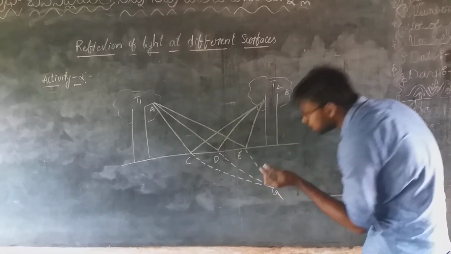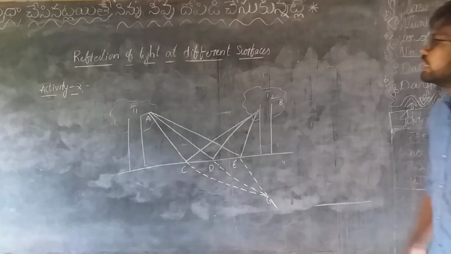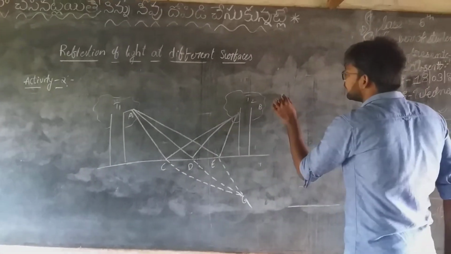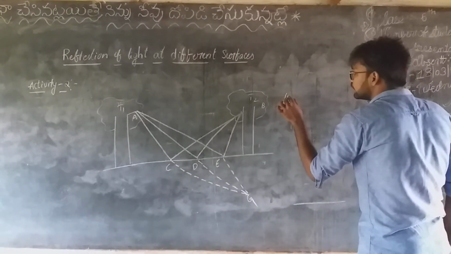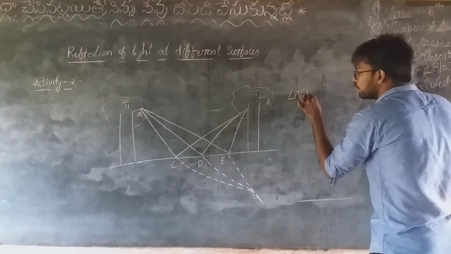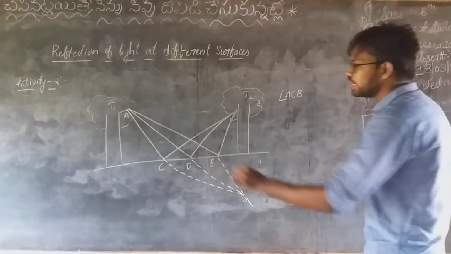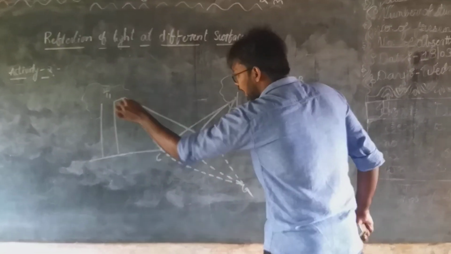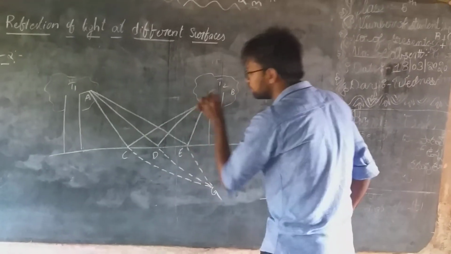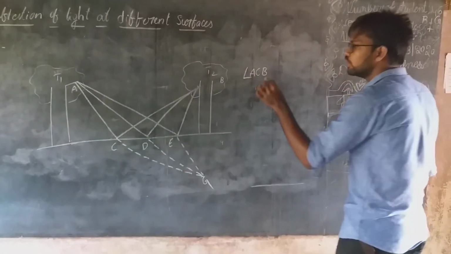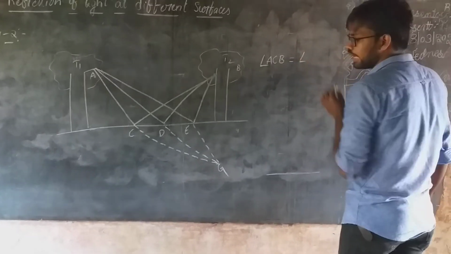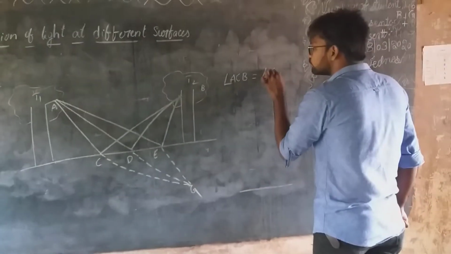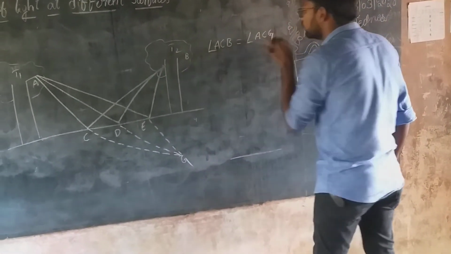Now if we take the distances from ACB, if we take the angle ACB is equal to the angle CGB, which means it is equal to the angle ACG.